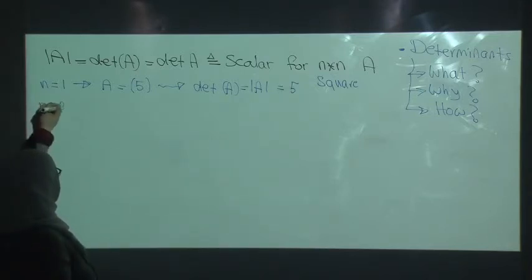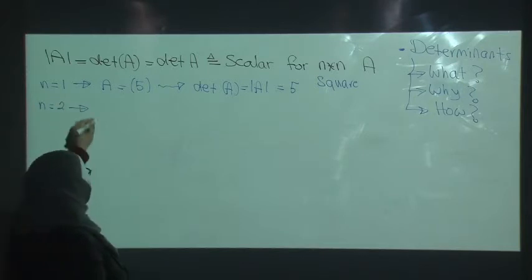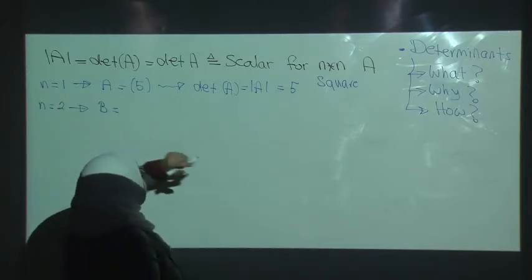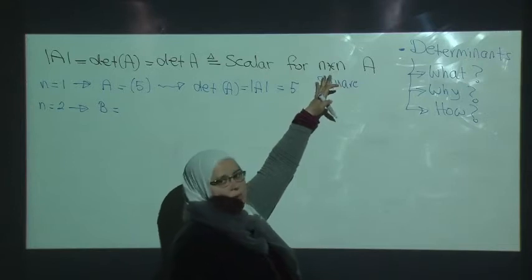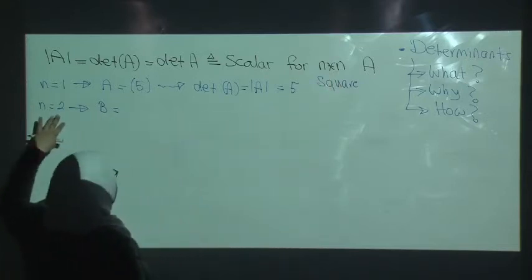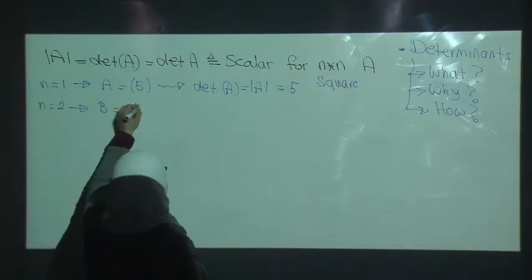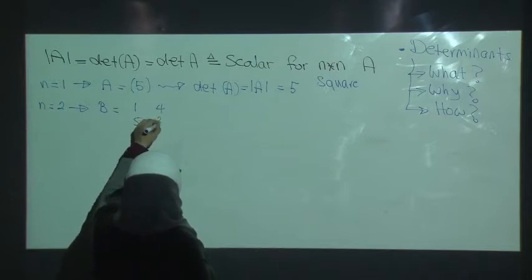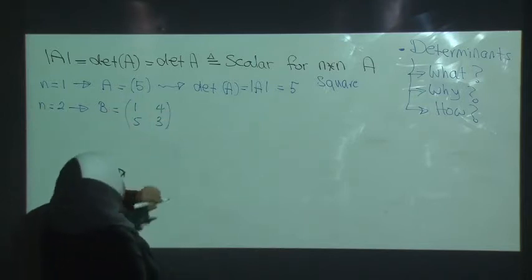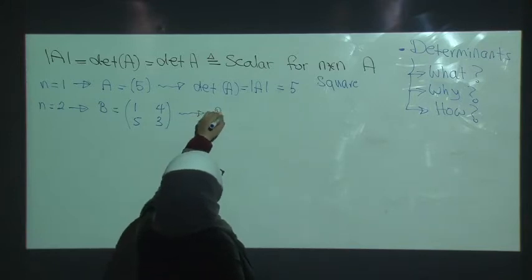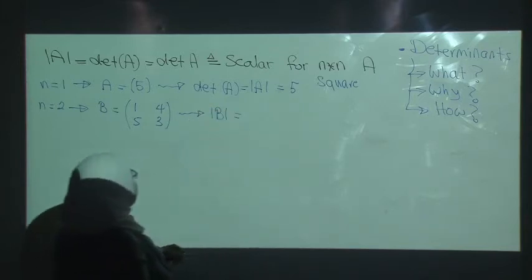Moving to the next size, enlarging the matrix. If we are working only with n by n matrices, the next size is n equals 2. If we have the matrix B with rows 1, 4 and 5, 3, deducing its determinant will be as follows.